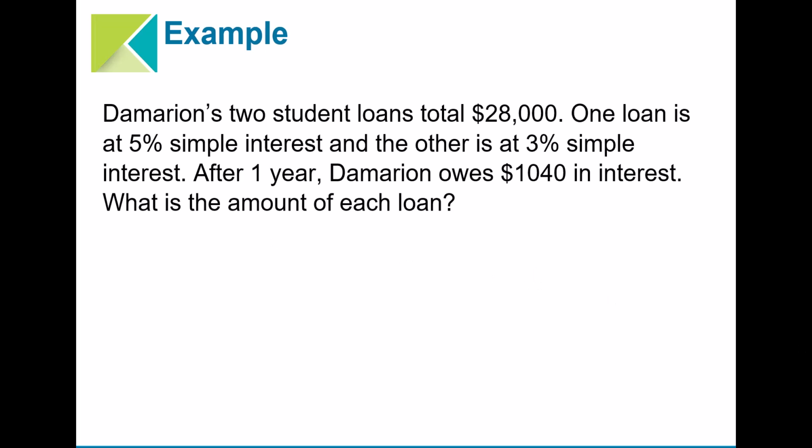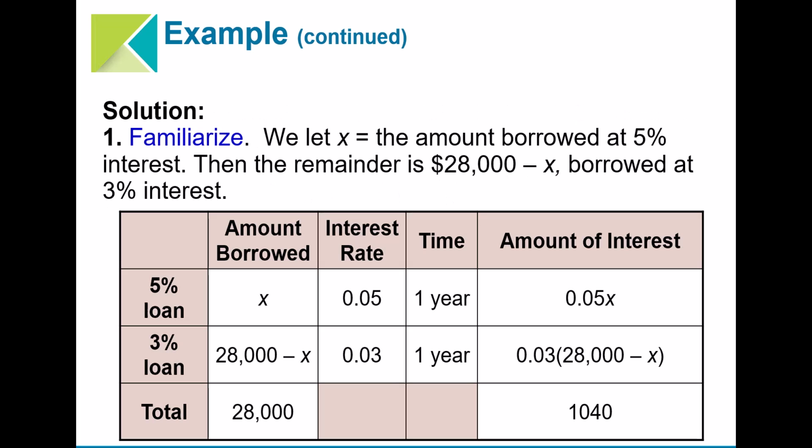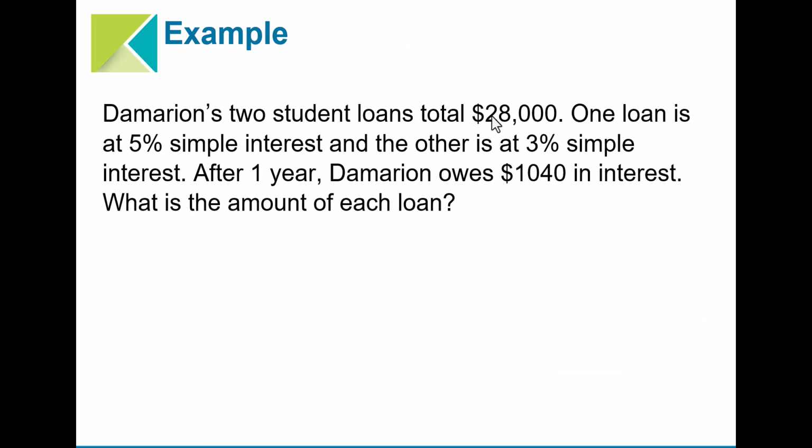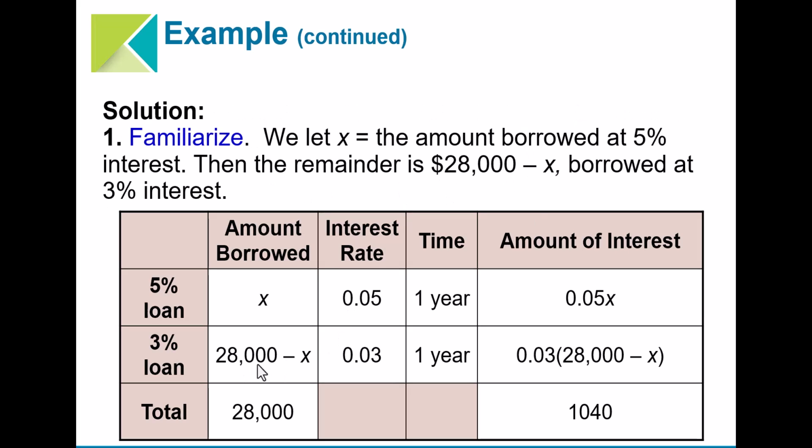So based on these words, and this is where sometimes a table might be better, we start with what we see as unknown. So let x equals the amount borrowed at 5%. Well, if the 2 student loans total $28,000, then if we're letting x be the 5%, then the next loan has to be what's left over of the $28,000, right?